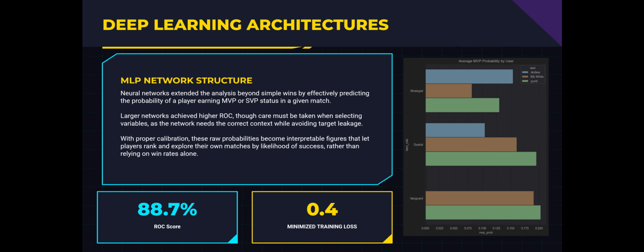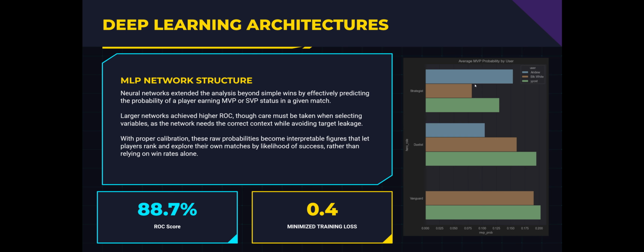Like we found in the EDA process, the stats differ quite a bit by role. So it's not good to compare roles to each other, but just multiple users within the same role, as duelists have an overall higher chance to get SVP or MVP than strategists or vanguards.